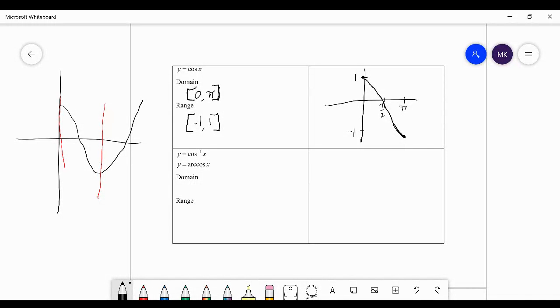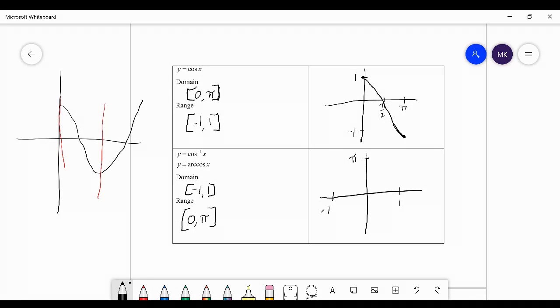Now, exactly similar to the sine function, when we're looking at the inverse cosine, our domain and range flip. So the domain is negative 1 to 1, and our range is going to be from 0 to pi. Now our graph flips a little differently. Negative 1 to 1, 0 to pi.